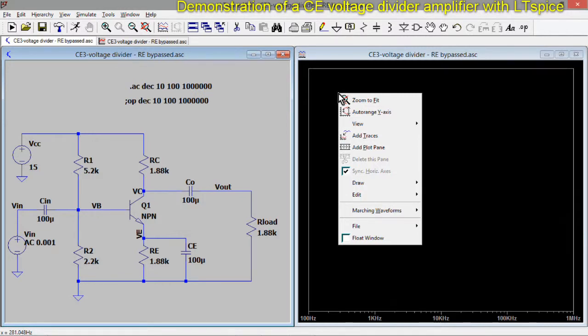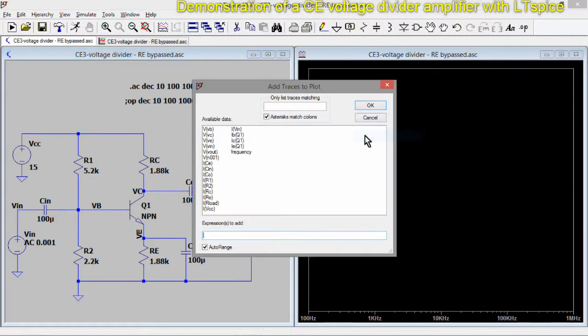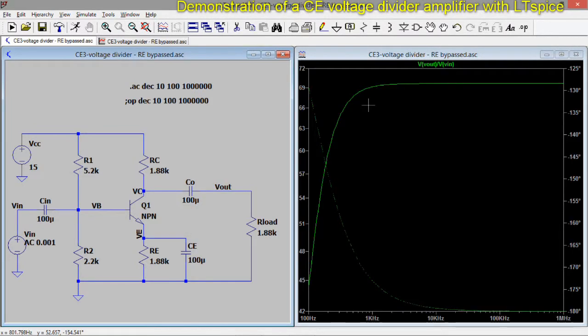If now it becomes 70, it means that indeed 1.88 kilo ohm is roughly the output impedance. So we do again V out over V in. Ta-da! Around 70. So this means indeed our analysis was correct. Okay? So this is a nice way.